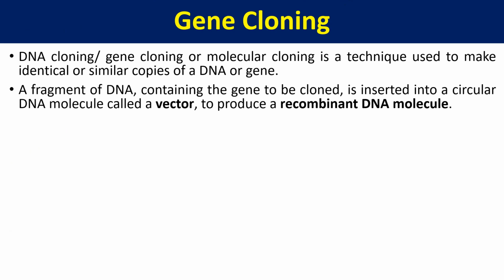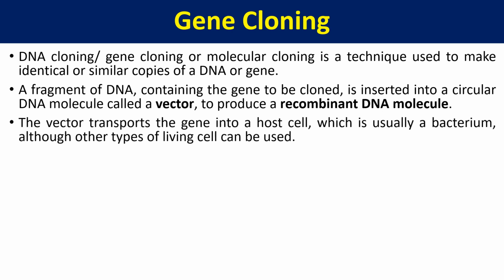A fragment of DNA containing the gene to be cloned, which in molecular biology or gene cloning we call the gene of interest, is inserted on a vehicle that is called a vector, and ultimately the gene of interest loaded on the vector is called a recombinant DNA molecule or recombinant DNA.